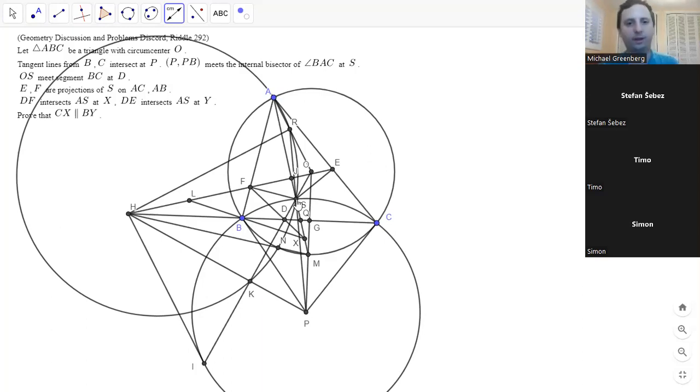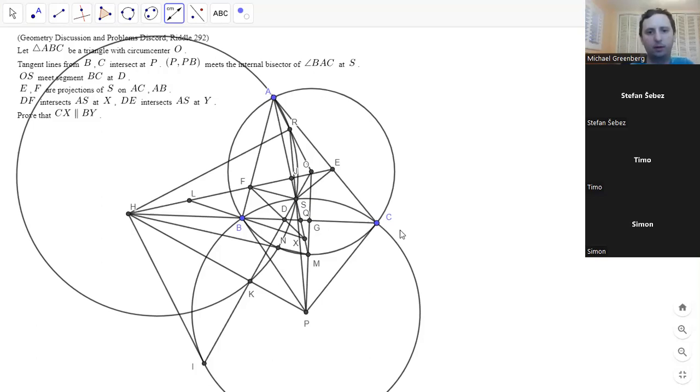Oh, and is that just an angle chase? Because angle SBC is equal to half of SPC. Yeah, that might just be an angle chase.